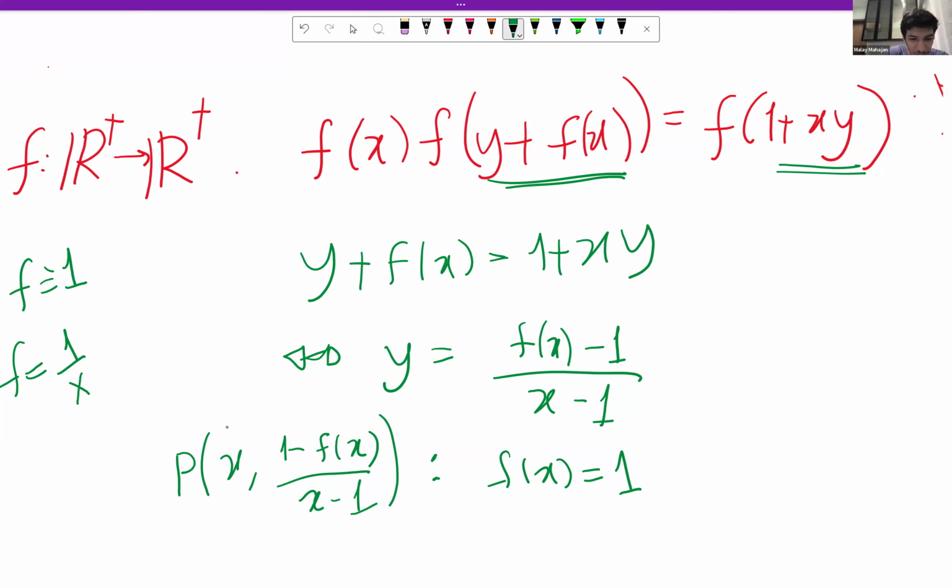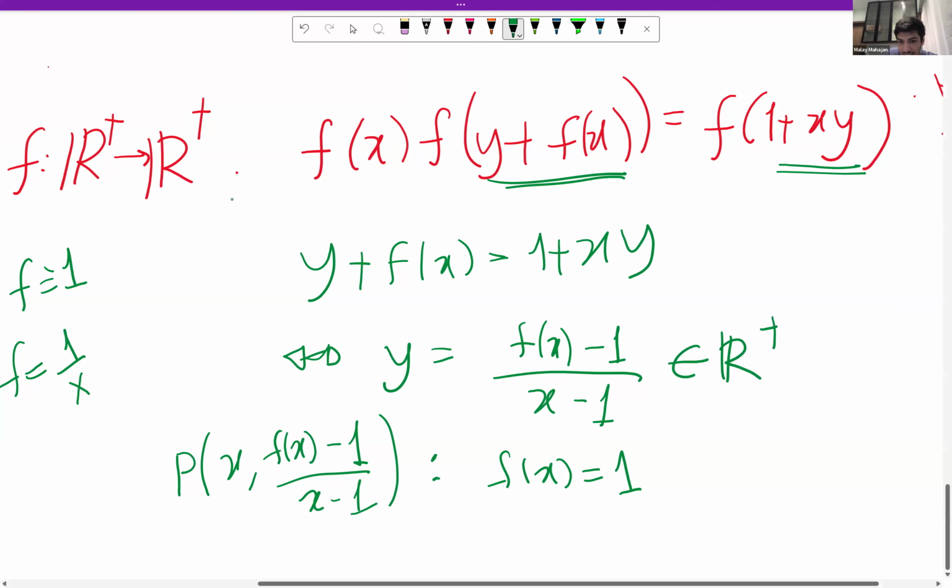So if you do this, then you get this. Is this an issue? It might have domain issues. Yes, exactly, as pointed out in chat. I'm assuming this is in positive reals, but if f(x) is 1, then y is not a positive real number because y just happens to be 0.